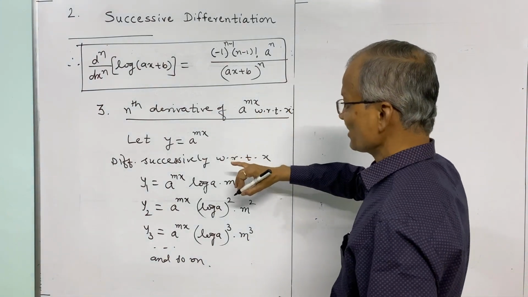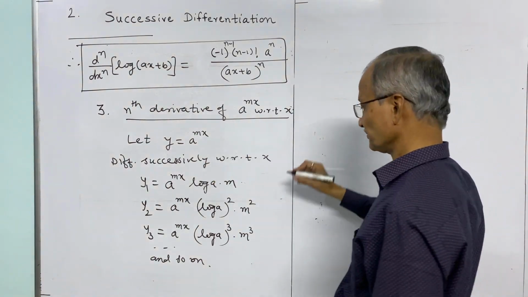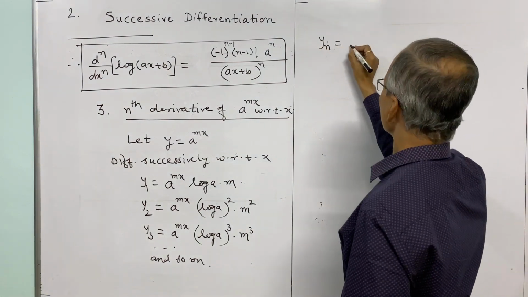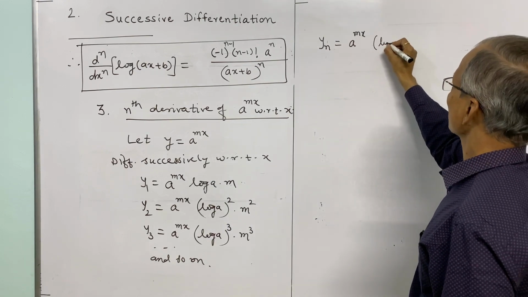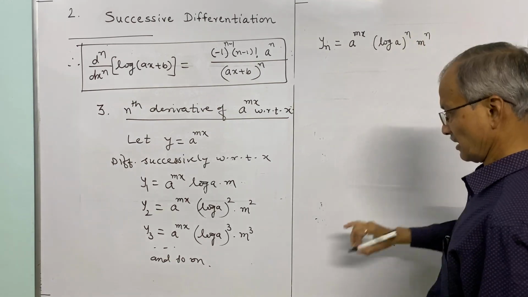And yn means the nth derivative of y, so we may first write yn is equal to a to the power mx, then log a to the power n, m to the power n.